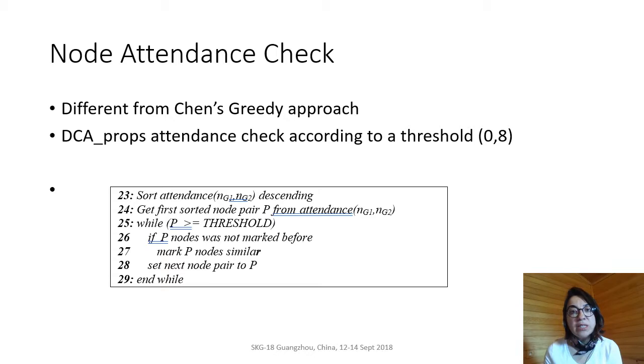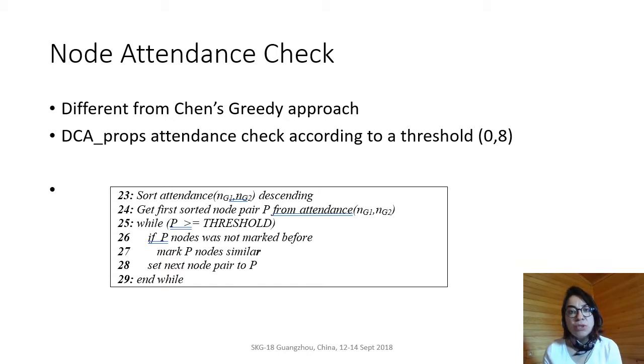This step is only an issue of the DCA props approach. In Chan's version of the DCA algorithm, the node pair that has maximum attendance is taken as the starting point, and each of their adjacent nodes is compared with a predefined threshold value in a greedy approach.